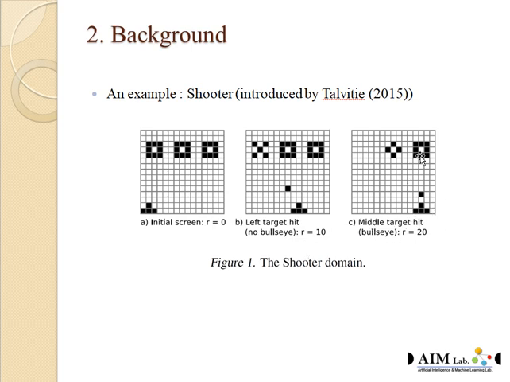Also, if we hit the bullseye, we can get reward 20. It is simple in this case, but it can be made complex by a moving bullseye or moving targets and so on.